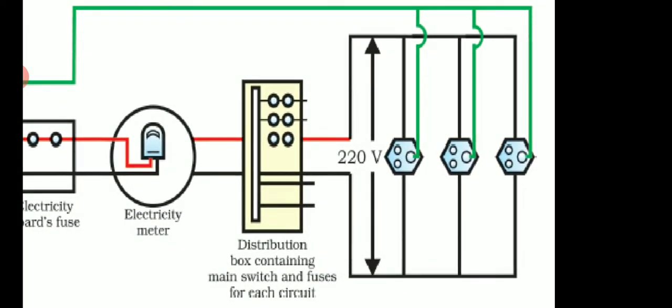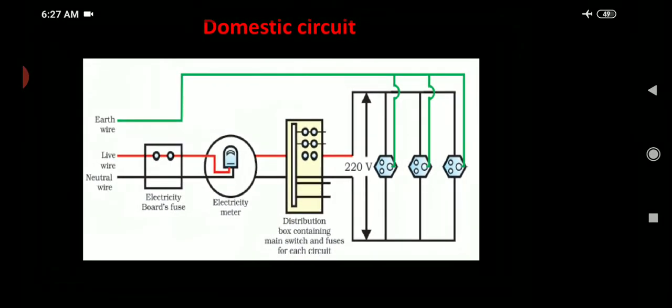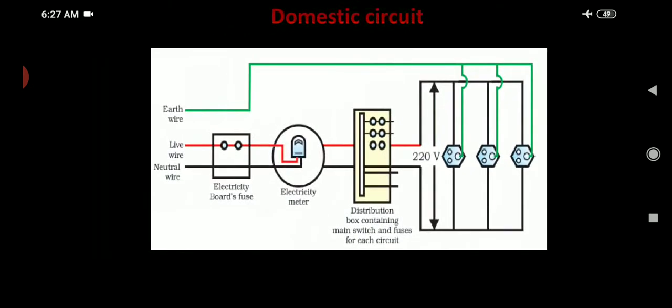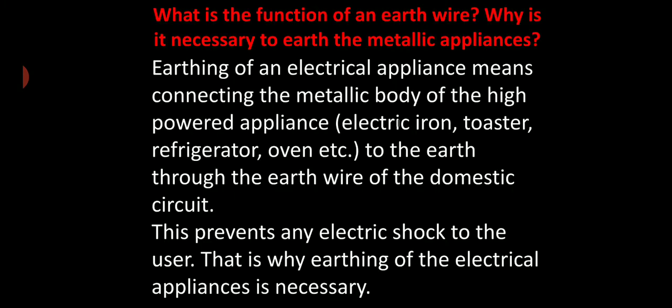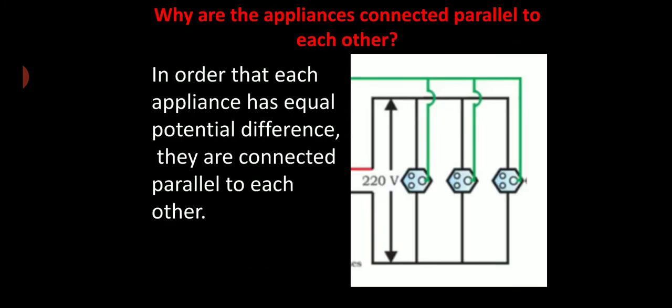Why are they connected in parallel to each other? Because when they are connected in parallel, they get the same voltage. In order that each appliance has equal potential difference, all the appliances are connected in parallel.